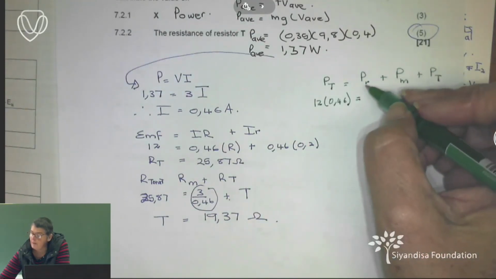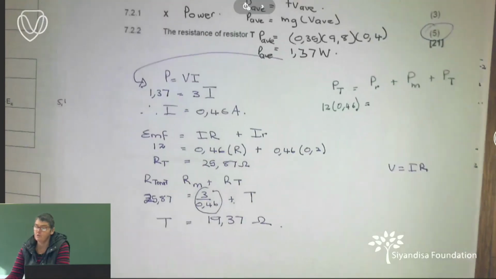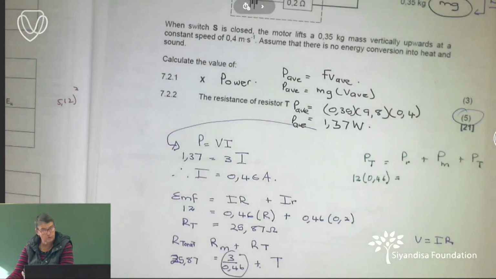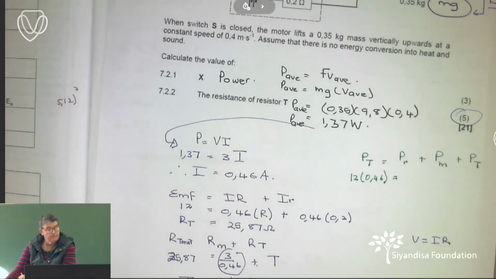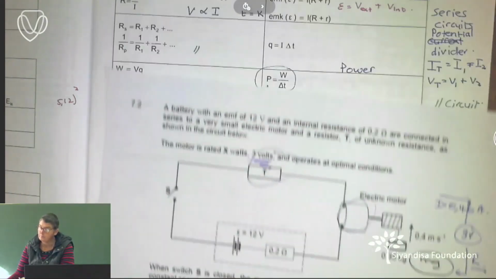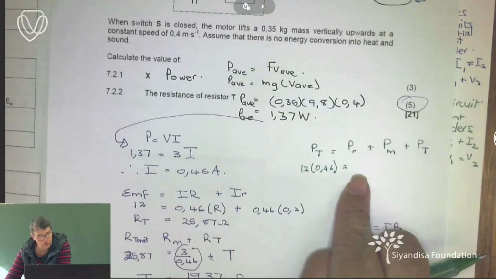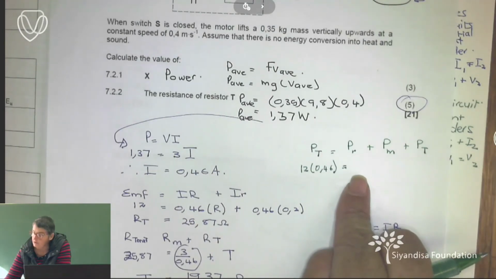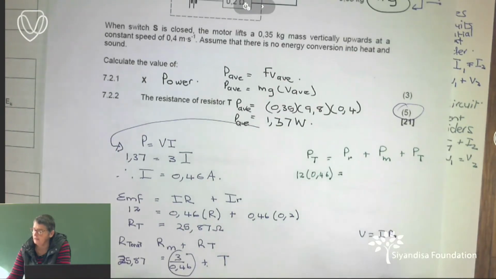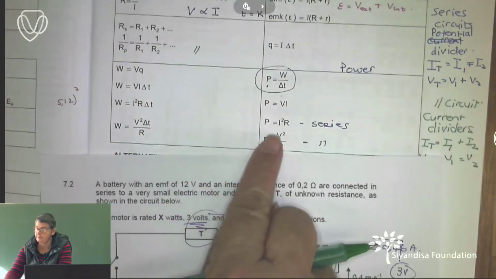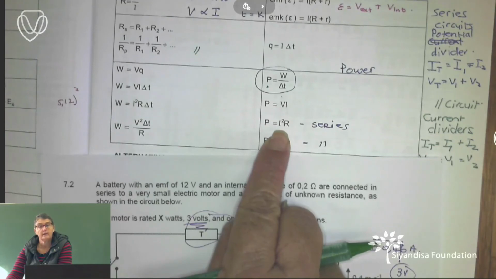How would you get your power here? You'd have to look which formula you're going to use. Remember, you're busy here with a series resistor circuit, so we'd have to use that one.